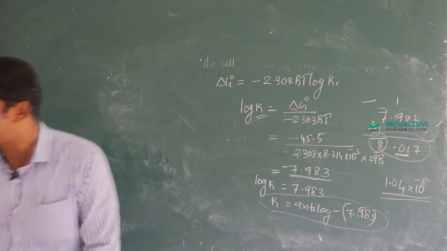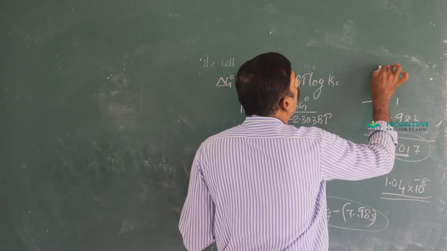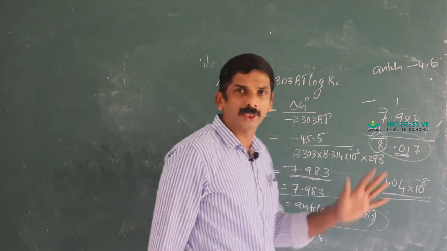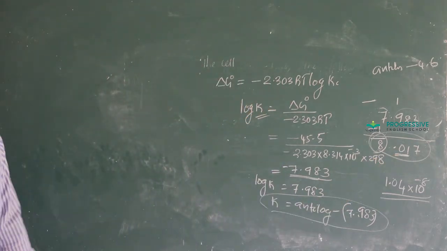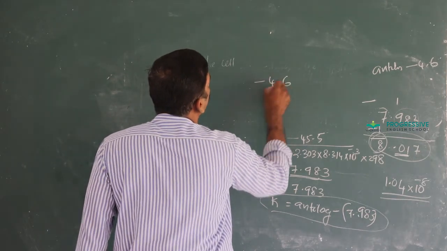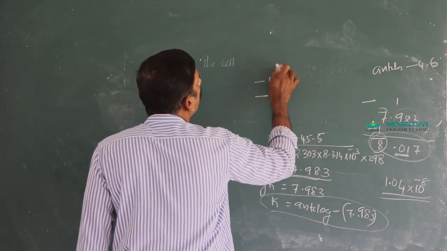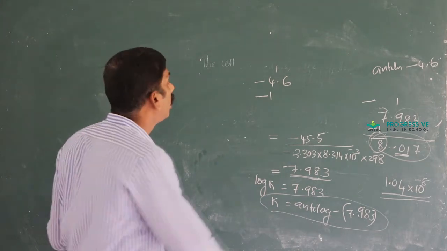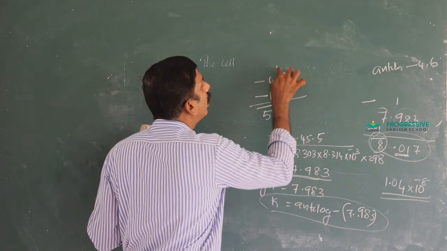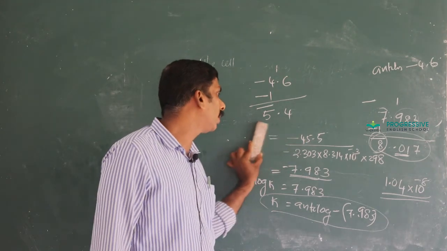Here is another example. If you find out the antilog of minus 4.6, in the same way for minus 4.6, you add minus 1 and subtract 0.6 from 1, so it is in the form of bar 5.4. Minus 1 plus 0.4 means bar 5.4, and you go through the antilog of 0.4.